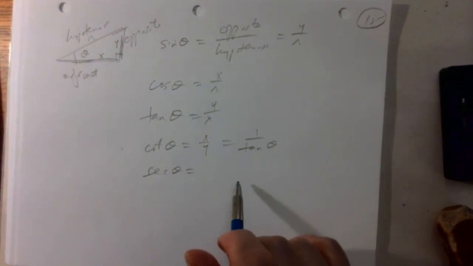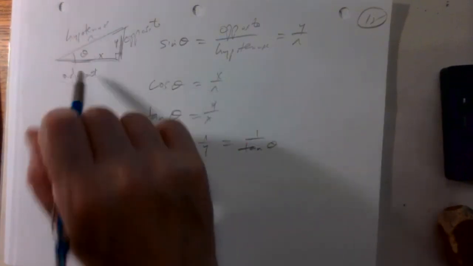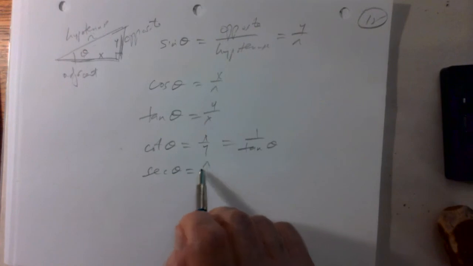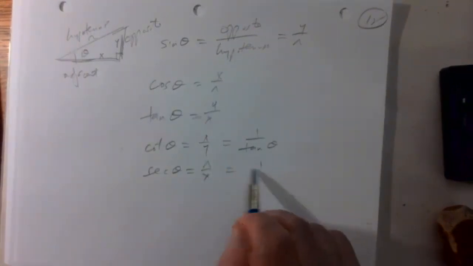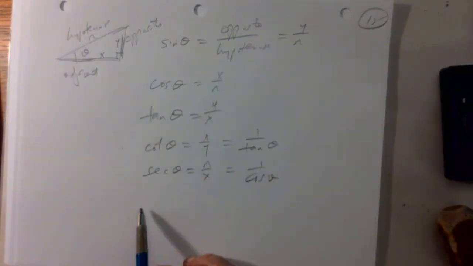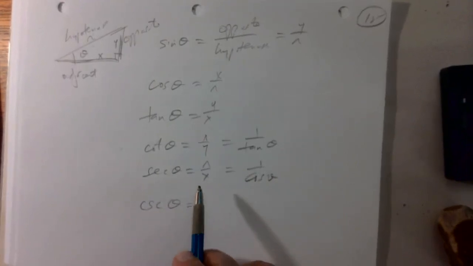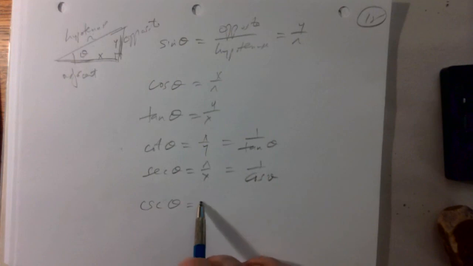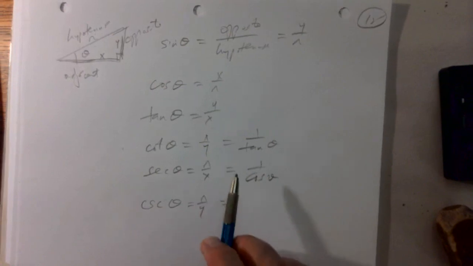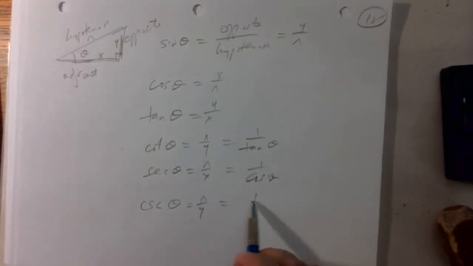The secant of theta is hypotenuse over adjacent, r over x, which you'll notice is 1 over the cosine. And the cosecant of theta is hypotenuse over opposite, r over y, which is exactly the reciprocal of the sine.